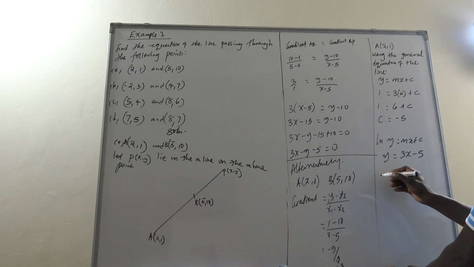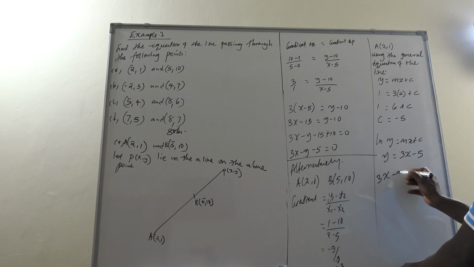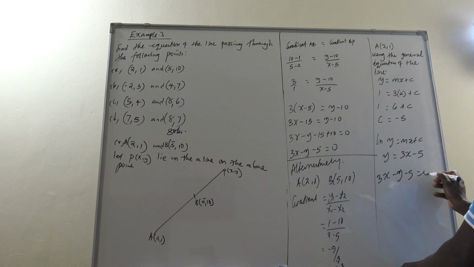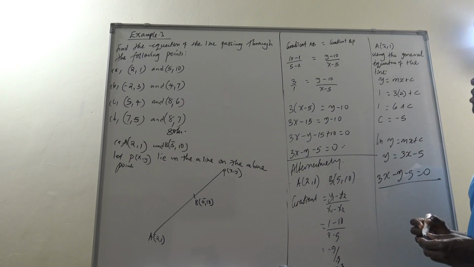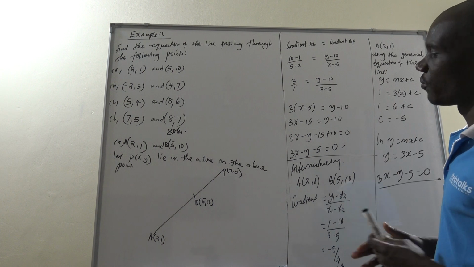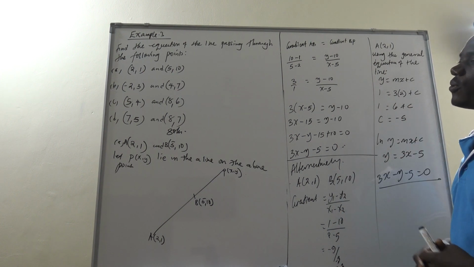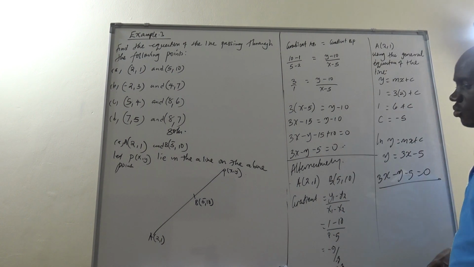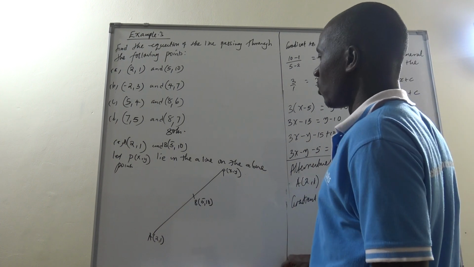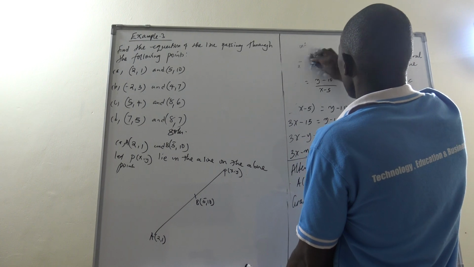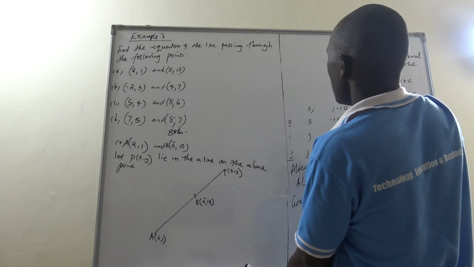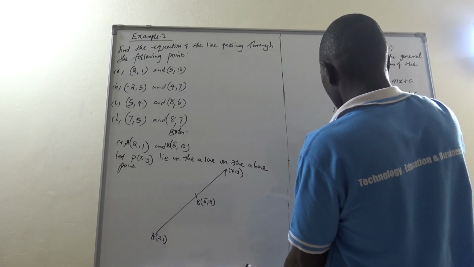We take that to the other side, we are getting 3x minus y minus 5 equals 0, which is the same as what we got there. So it depends on what you feel is good for you. For me, I will be taking you with the formula, or method 1. That's how we can graduate part A. Now we're going to go to part B.